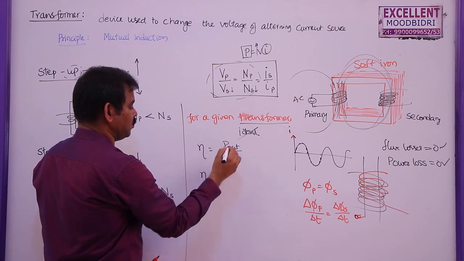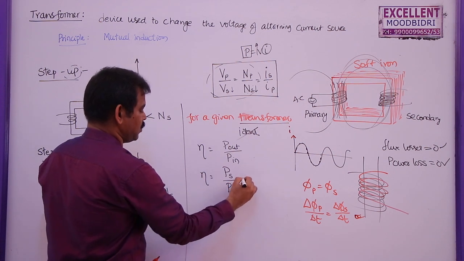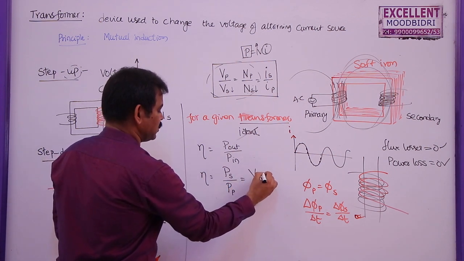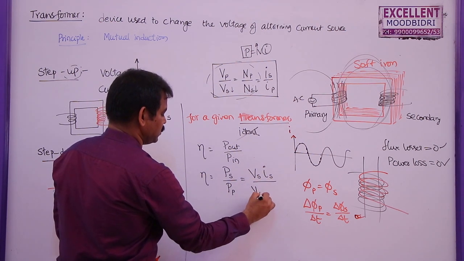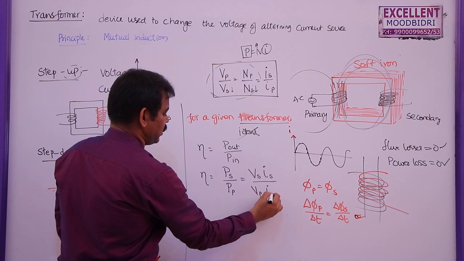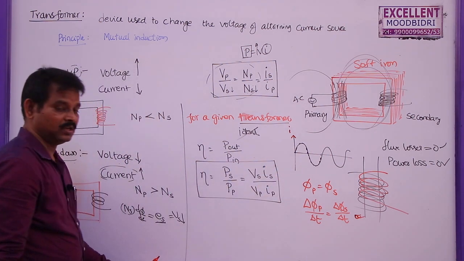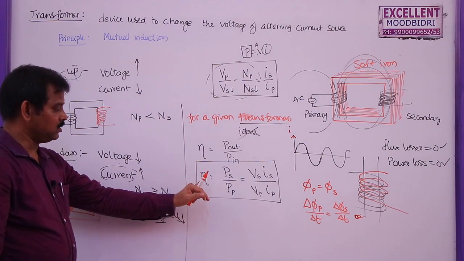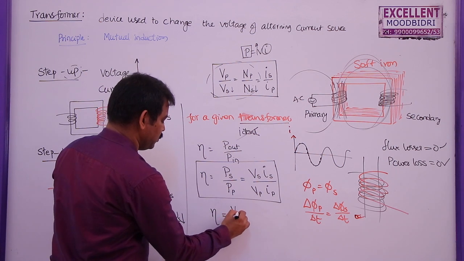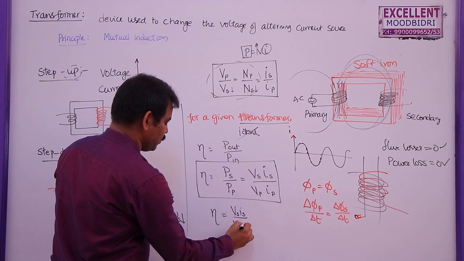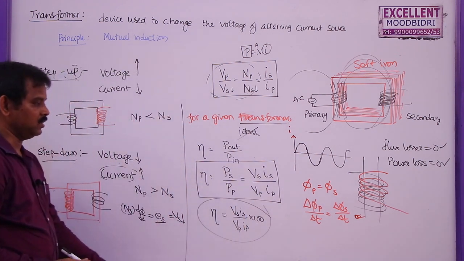What is output power? Power in the secondary coil by power in the primary coil, which is equal to voltage across secondary times current in the secondary coil by voltage across primary coil times current in the primary coil. So this is the expression for efficiency. The efficiency is actually measured in terms of percentage. So this can also be written as VSIS by VPIP into 100. This is efficiency in percentage.